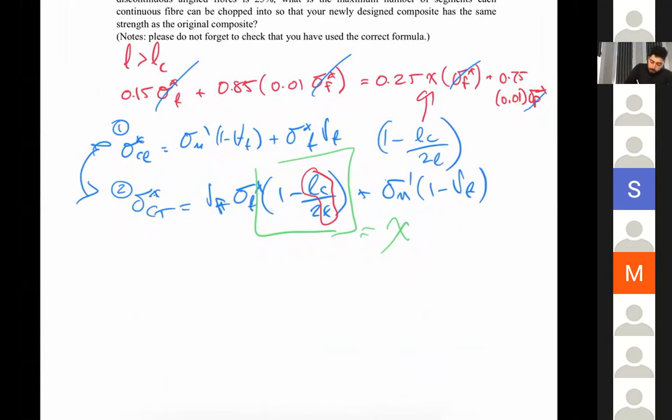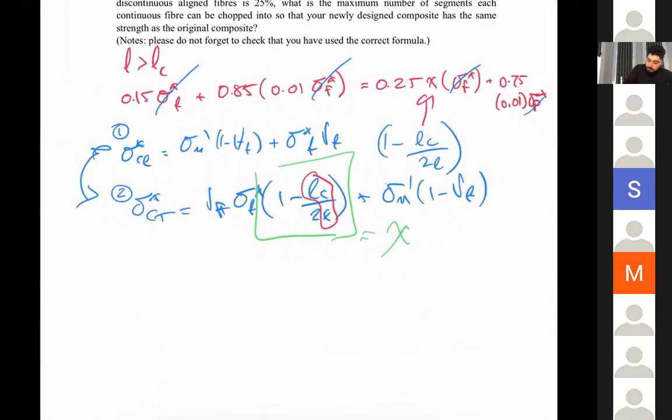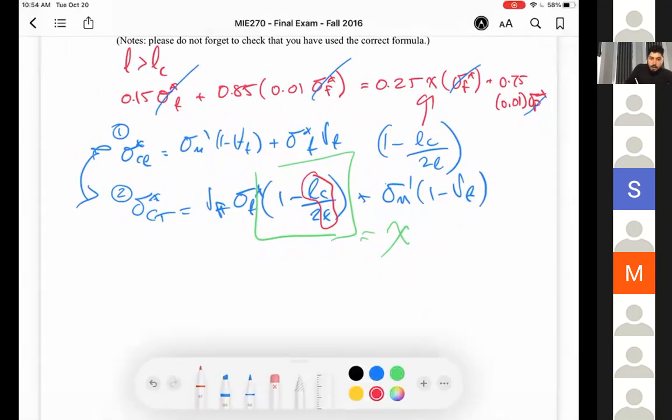We know that the problem said the length is 25 LC, right? 25 times greater. If we divide that by the number of segments we just did, we're going to get L over LC is equal to 1.3.